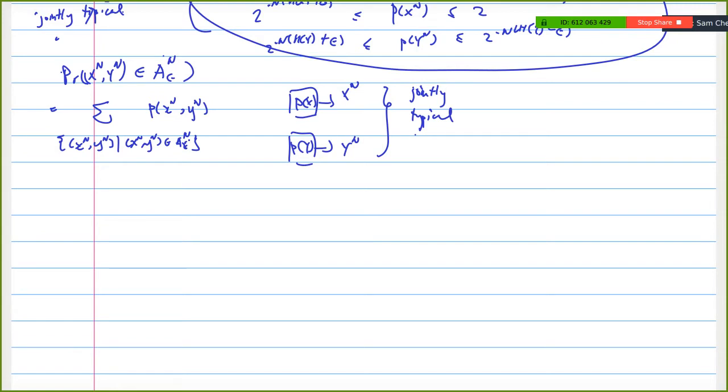Do you agree with that? The probability would simply be the sum of the probability of each of the possible outcomes, right? The probability of being in this set is just the sum over whatever sequences are jointly typical, summing up the probability of all of them. But then, because we assume these are independent, we can write it as p(x^n) p(y^n), right?